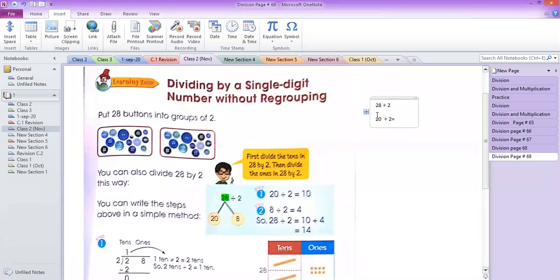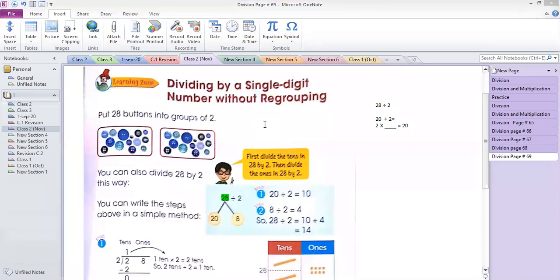How many times do you need to read the table of 2 in order to get 20? 2 multiplied by what number will give you 20? Yes, guys, can you tell me the answer? 2 multiplied by what number will give you 20? 10.